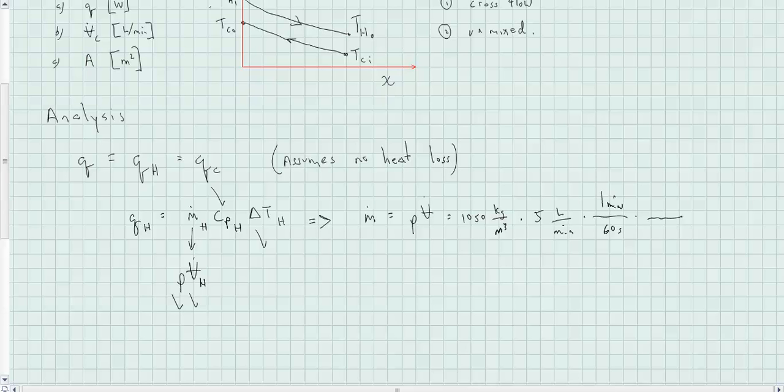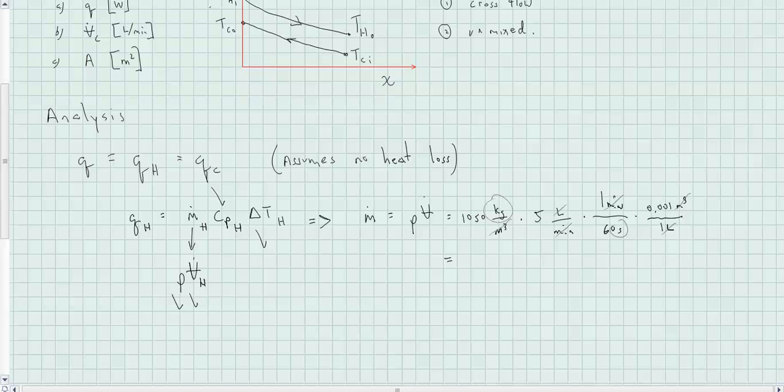We're going to then convert the liters. 1 liter equals 0.001 meters cubed. And then we're going to check the units, making sure the minutes cancel, the liters cancel, the meters cubed cancel, and you're left with kilograms per second.